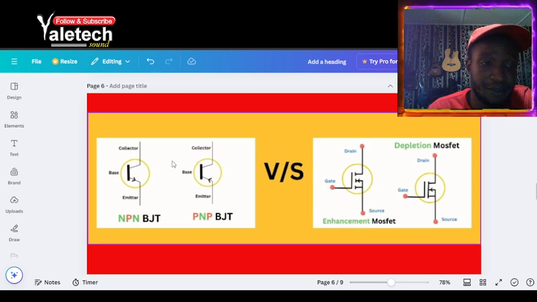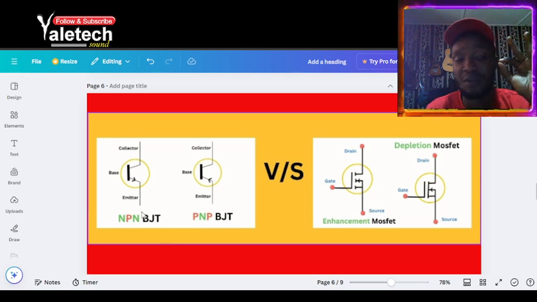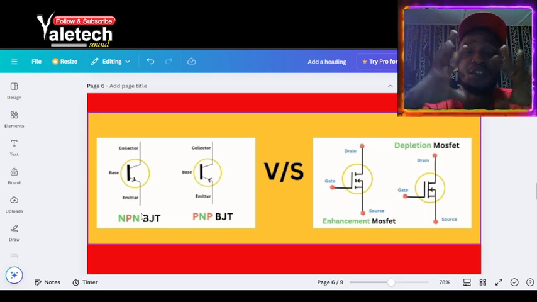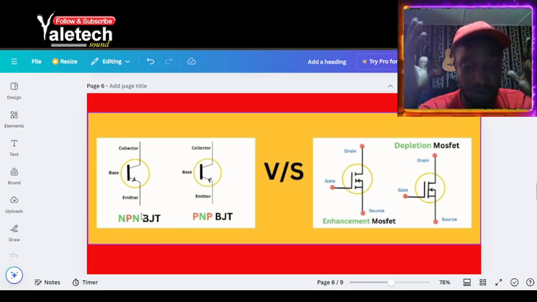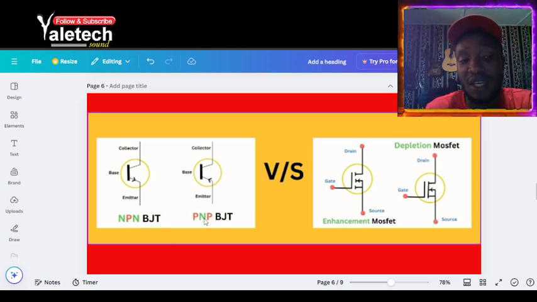For the BJT, we can categorize this into two different types. We have the NPN and we have the PNP. Remember BJT means bipolar junction transistor. So this is NPN, that is negative, positive, negative, while this is PNP, positive, negative, positive.